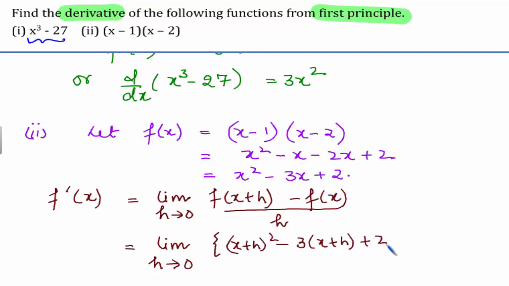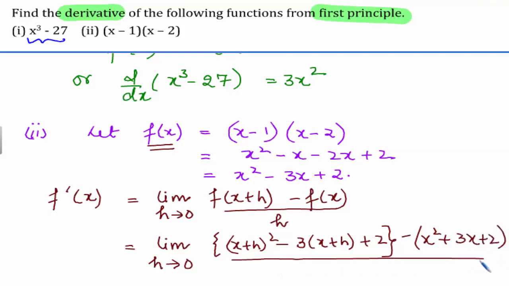For the function f of (x plus h), we have replaced x by x plus h in the function f(x). Then we have minus f(x), that is (x square minus 3x plus 2), whole divided by h. Sorry, this is minus here.